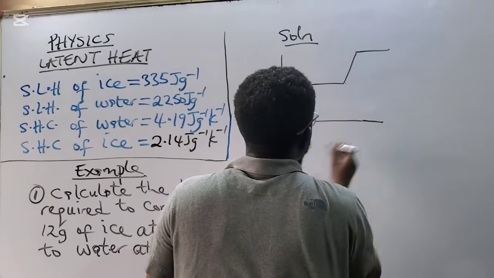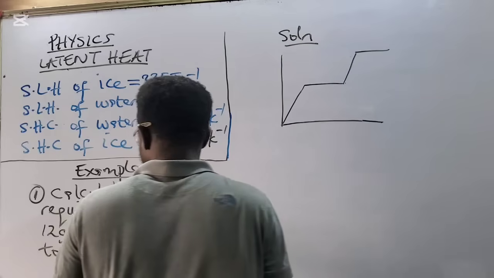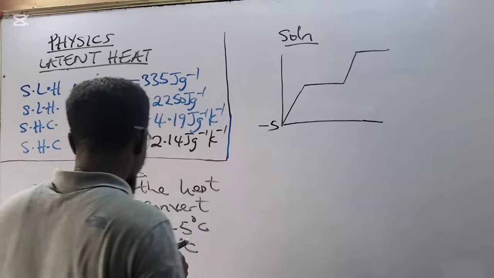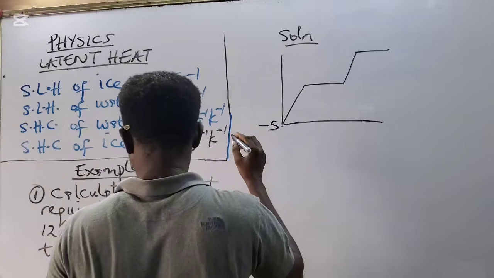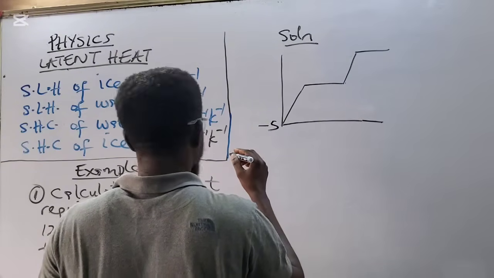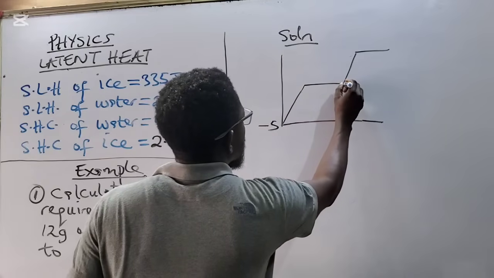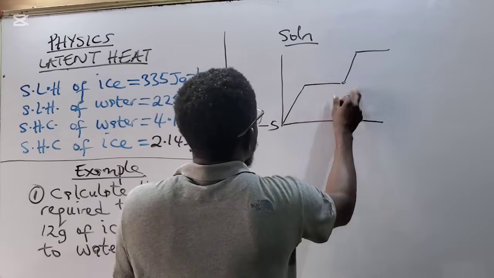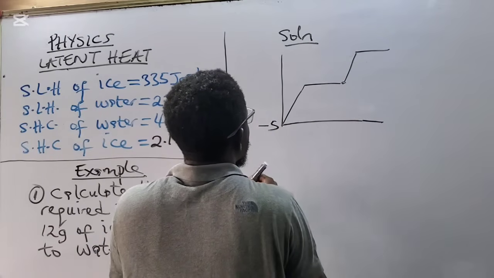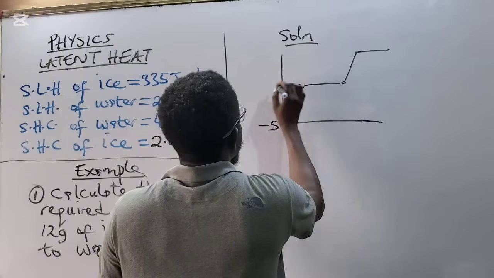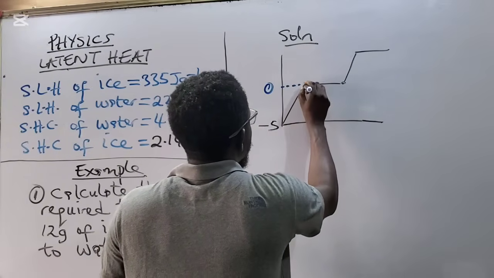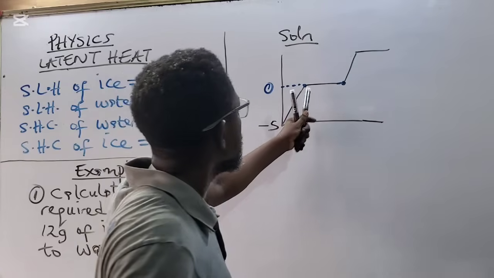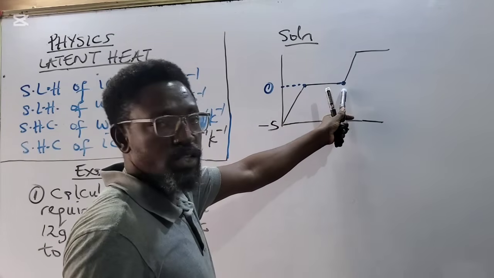Now if I put the figures here, ice at minus 5, so I'm at minus 5. Water at 0 is at this point here. Here is 0. Here is ice at 0. Here is water at 0.